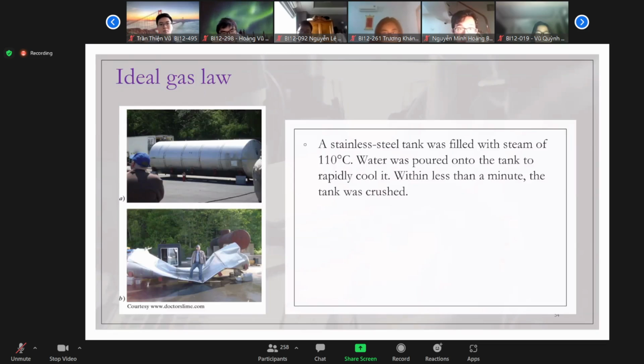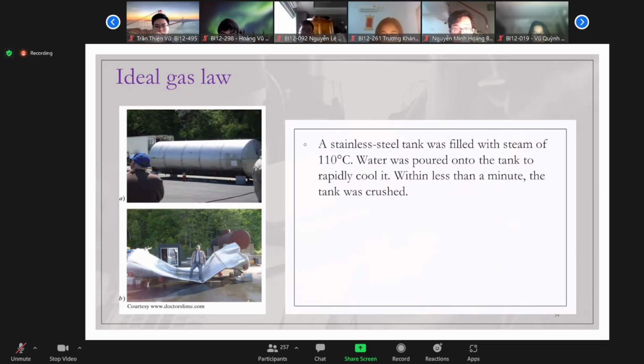What we have is a stainless steel tank, and this tank is filled with steam. We know that for the water to become steam, it should have a temperature starting from 100 degrees Celsius.